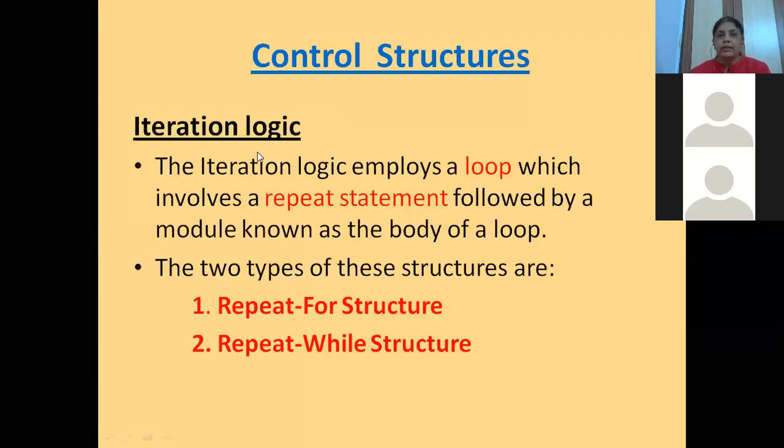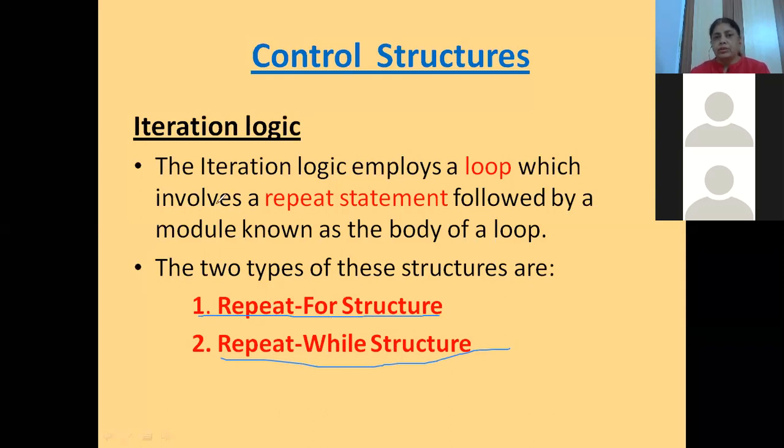Okay, next is iterative logic. Iterative logic means loop structure. We have two types of loop structure in this: repeat for structure and repeat while structure, like the for loop or while loop.